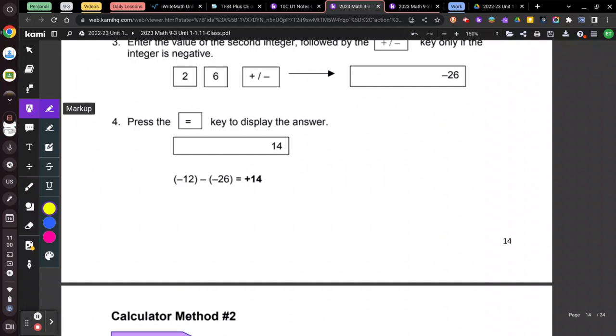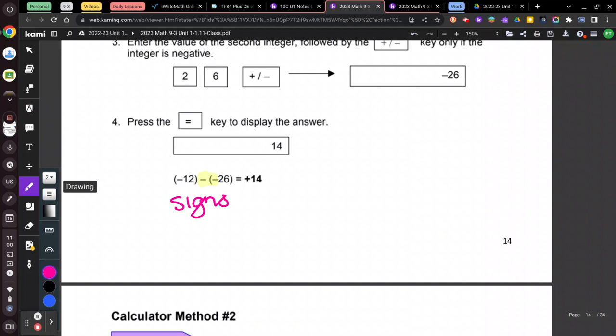So that's what I wanted to talk to you about here. So when the signs are the same, so two signs, it has to be two of them right in the middle. So two signs are the same between two numbers.